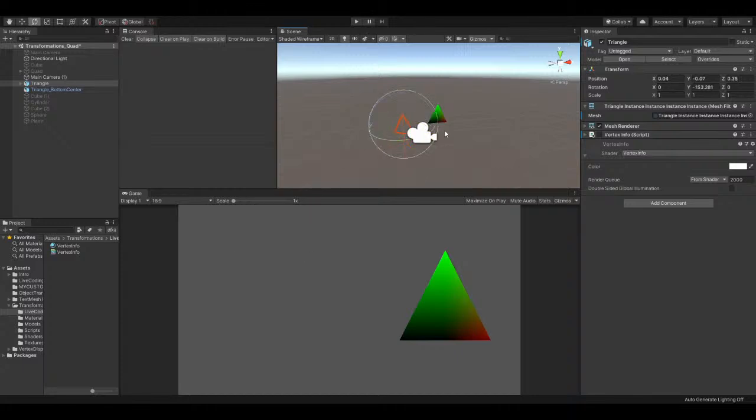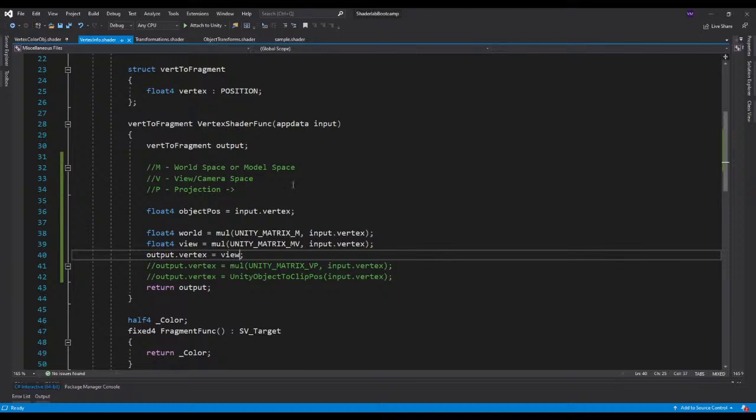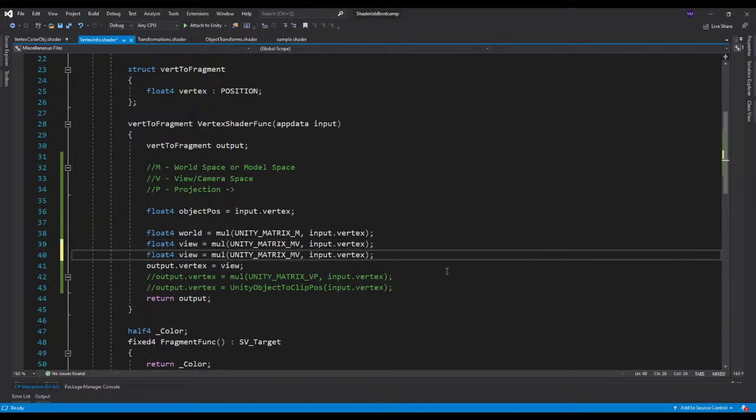So I'm going to put it back right there. I'm just going to reset it once. Go back to here, and this I'm going to say is your clip space. So MVP, or if you want to just say it, multiply the view space with the projection transforms, and I'm just going to say clip.